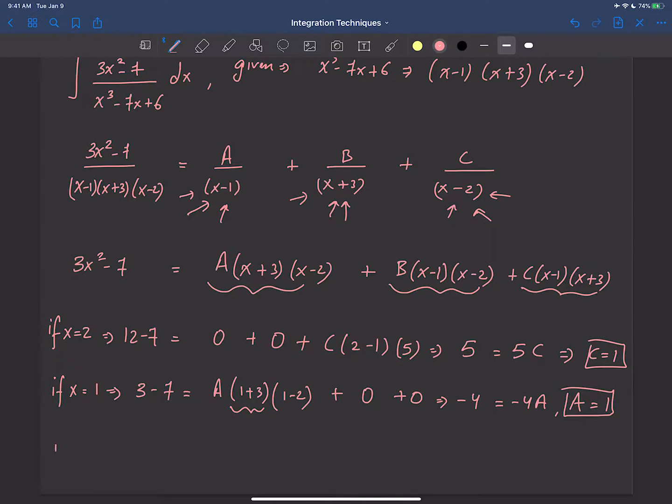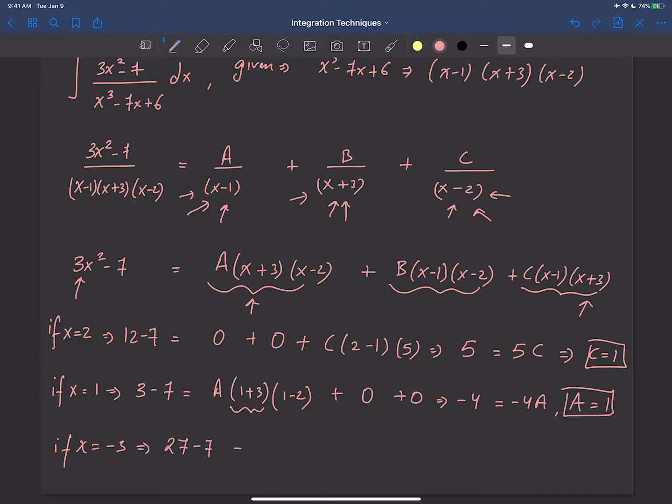Now let's solve for b. We're going to choose x to be minus 3, because it'll shut off the a term, which has an x plus 3, and it'll shut off the c term. So we'll only be left with the b one. Knowing that, you will get 27 minus 7, because 3 times 9 is 27 on the left side if you plug it in.